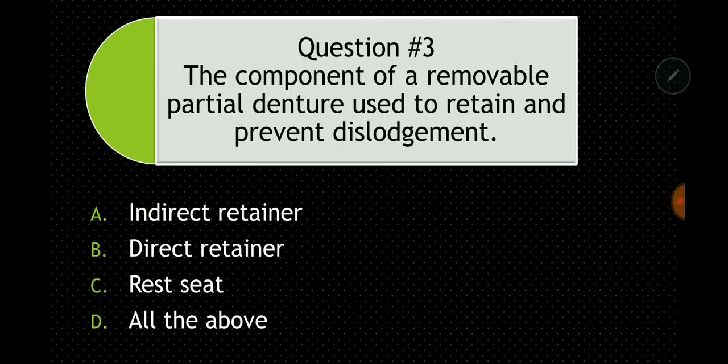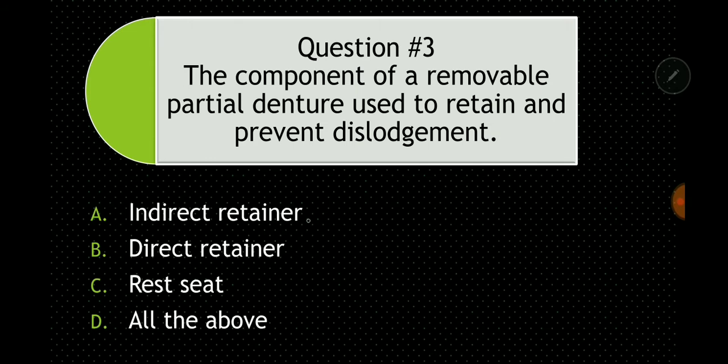So question 3. The component of a removable partial denture used to retain and prevent dislodgement is what? Which component of an RPD is used to retain and prevent dislodgement?